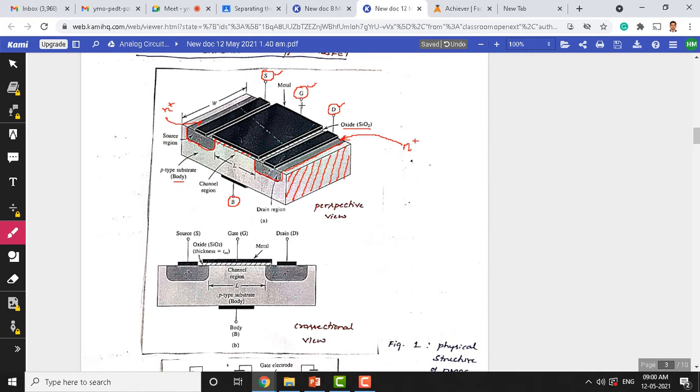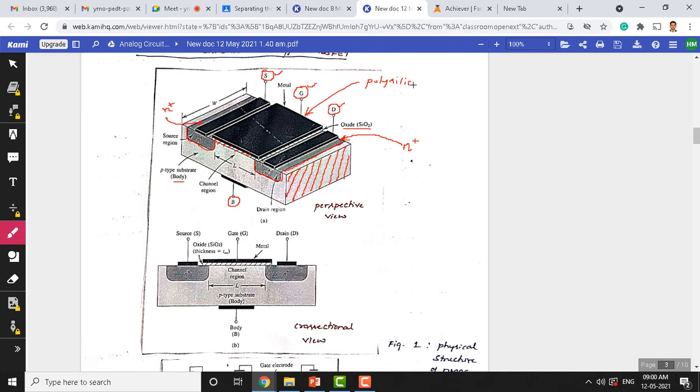For the metal we attach an electrode, which is the gate. Even for the drain region we deposit a metal and attach a terminal to it. Likewise, for the source region we also deposit a metal and attach a terminal. Wherever we want a terminal, we deposit metal. This metal nowadays is called polysilicon.